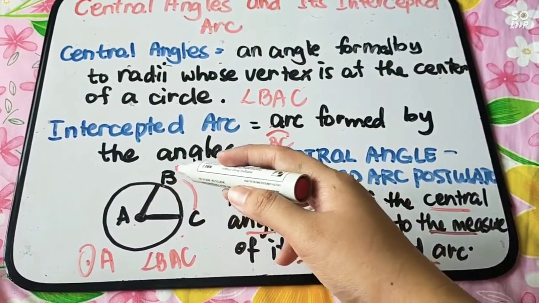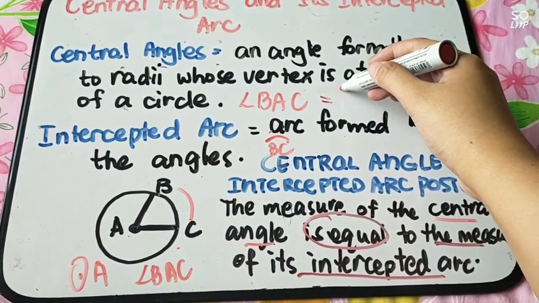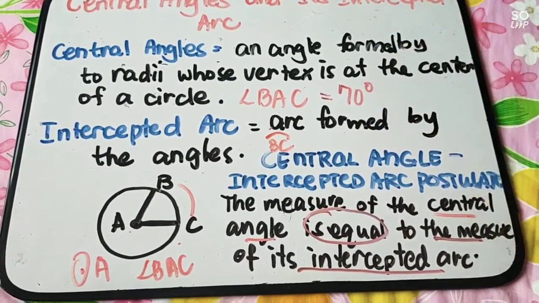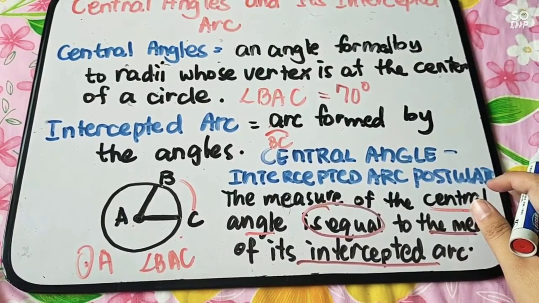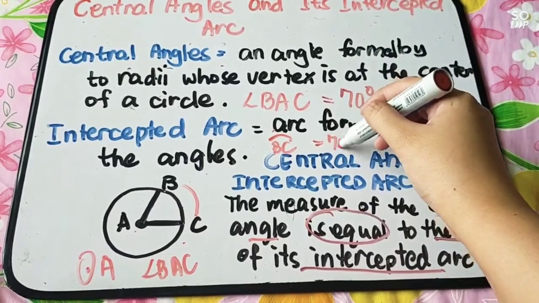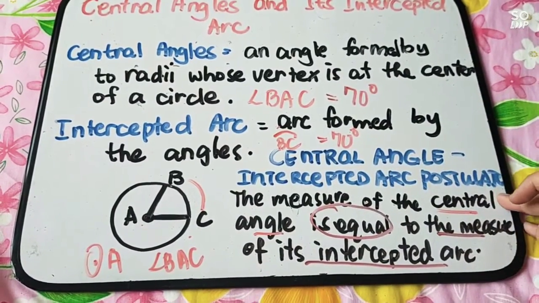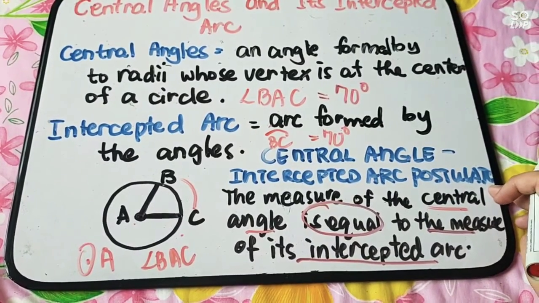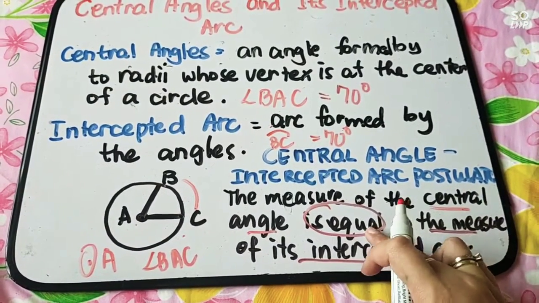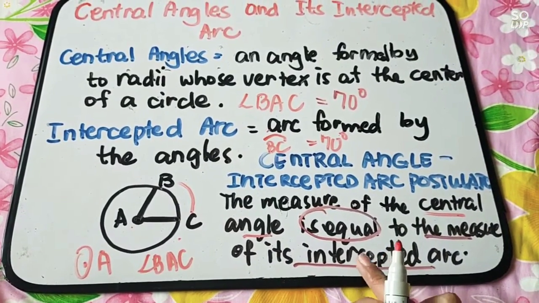Kunyari, we have angle BAC equal to 70 degrees. If it's equal to 70 degrees, therefore, its intercepted arc is also 70 degrees. Bakit? Kasi in the postulate, it says that the central angle is equal to the measure of the intercepted arc.